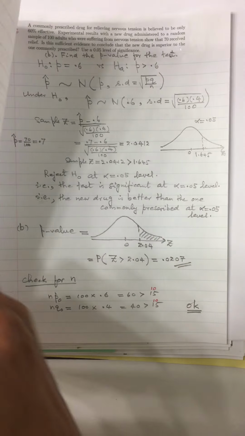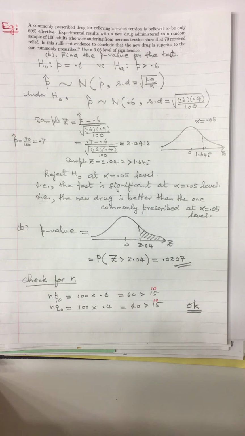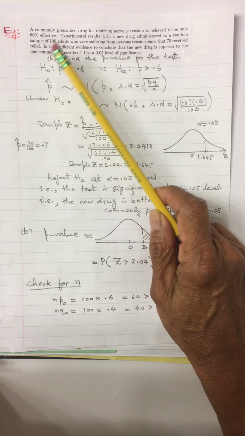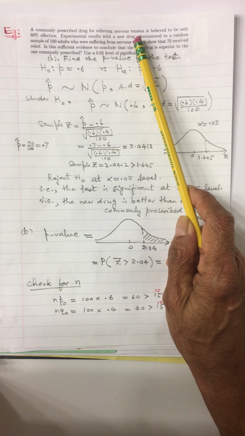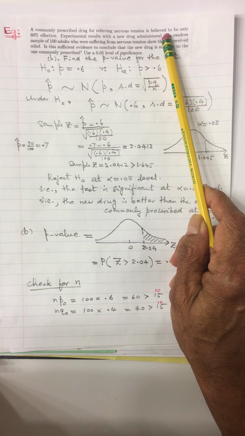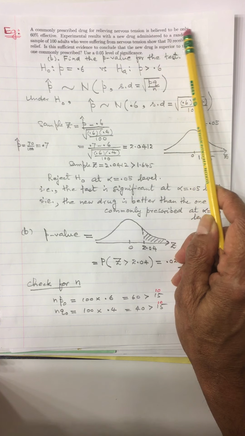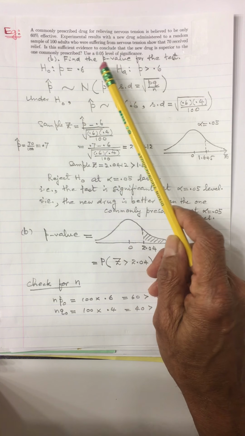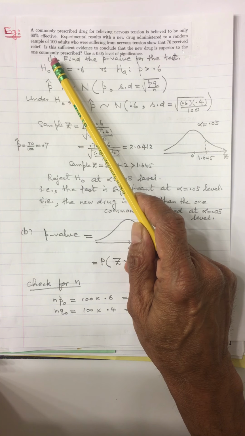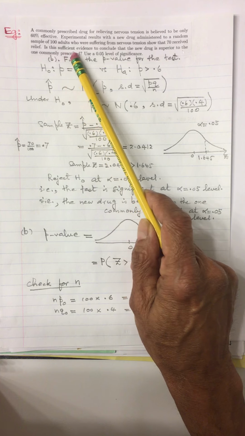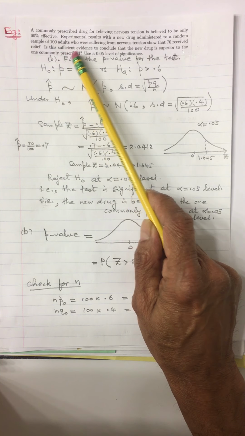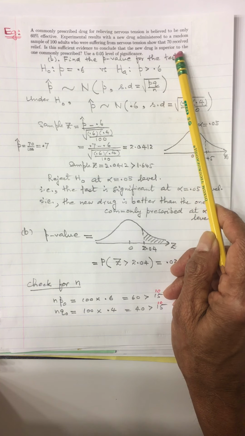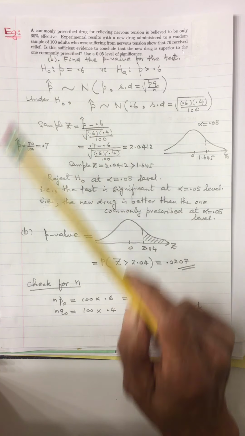So let us look at an example. A drug is believed to be only 60% effective. There's a new drug, and the question is: is this sufficient evidence to conclude that the new drug is superior to the one commonly prescribed?